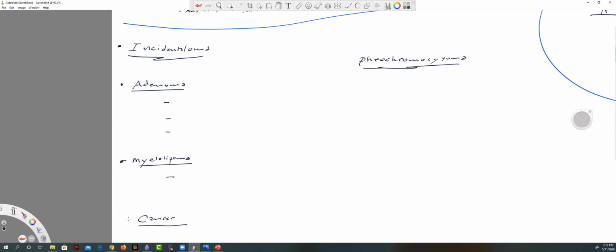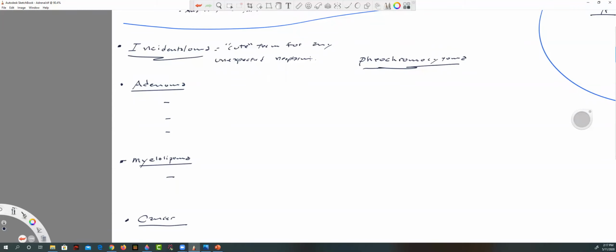Okay, so the book mentions the incidentaloma. I like that term. It is a cute term for any unexpected neoplasm, whether it's cancer, adenoma, or cyst.